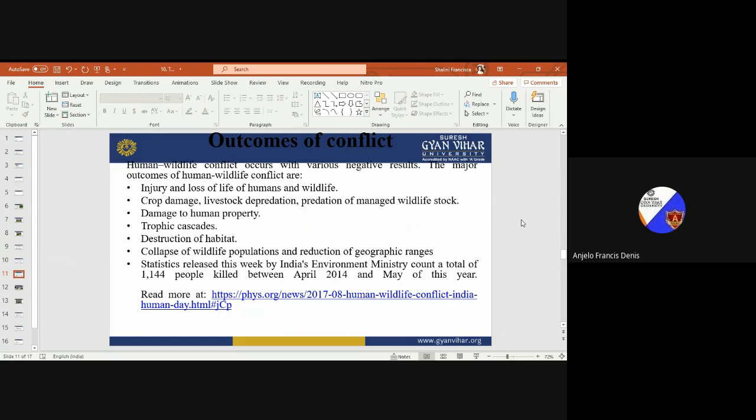Statistics released a week ago by the Indian Environment Ministry count a total of 1,144 people killed between April 2014 and May of this year. The source is being provided. If you wish to have more detailed information, you may click on the link and you can access the data.